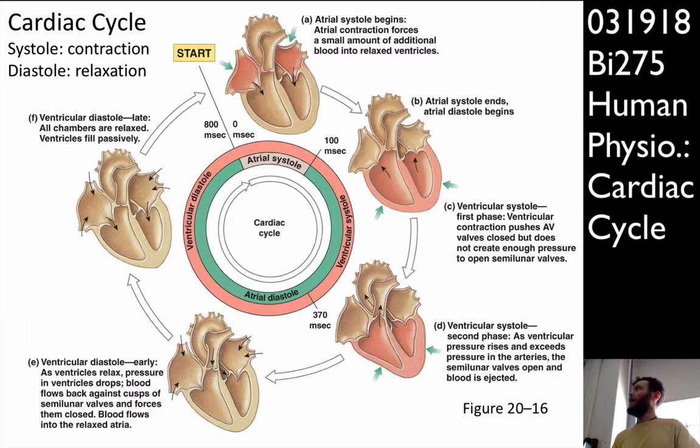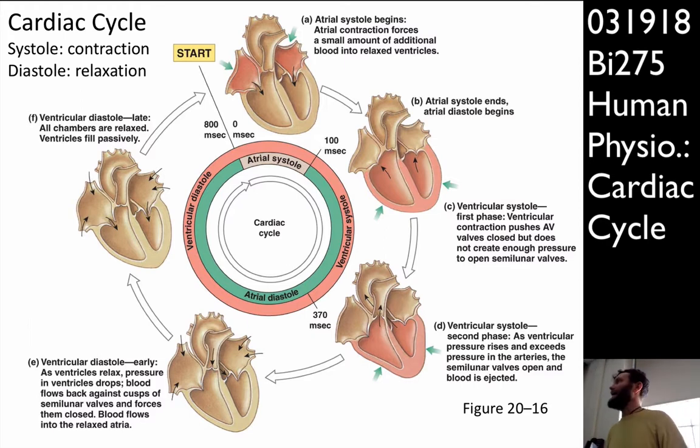It's now relaxing. And the first phase of ventricular systole begins. There are two phases to ventricular systole. The first phase is when the ventricle begins to contract and pressure begins to rise rapidly in the ventricle, but no blood is being ejected yet.